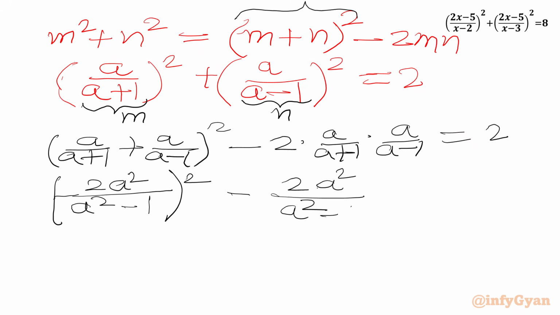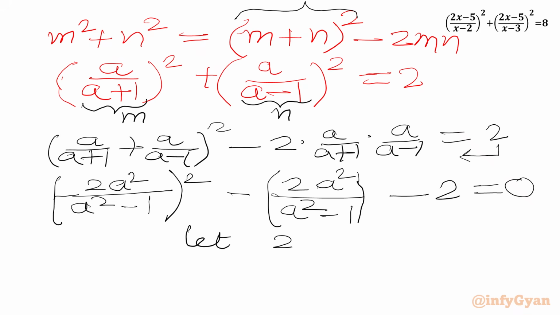Again we will write a square minus 1. And if I take this 2 to the LHS, I can write minus 2 equal to 0. Now this is quadratic in 2a square over a square minus 1. So let us assume 2a square over a square minus 1 equal to u.